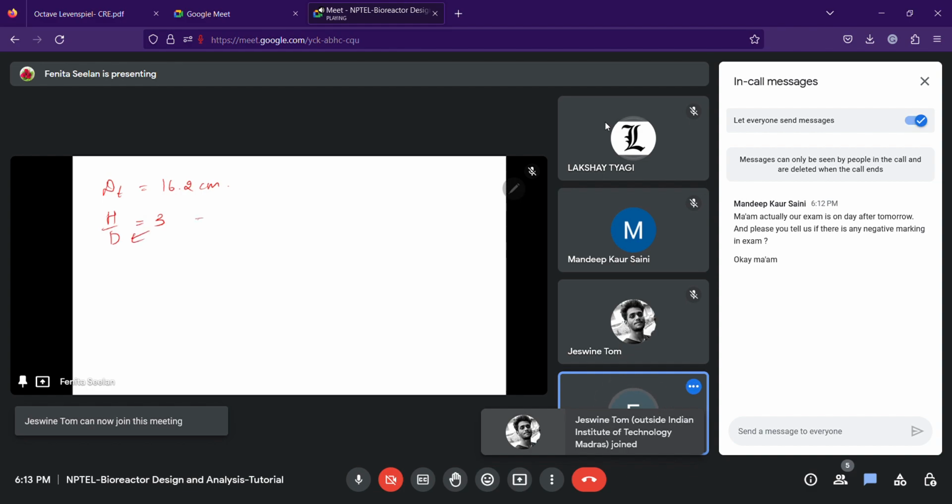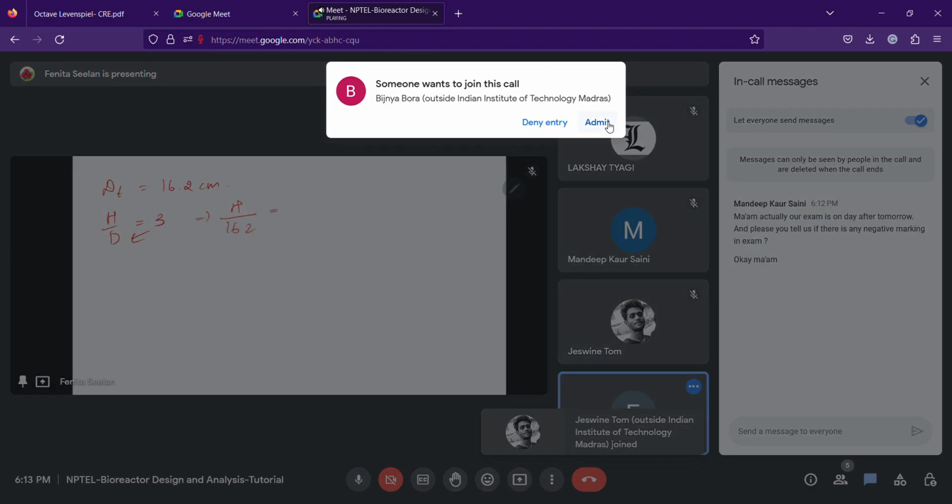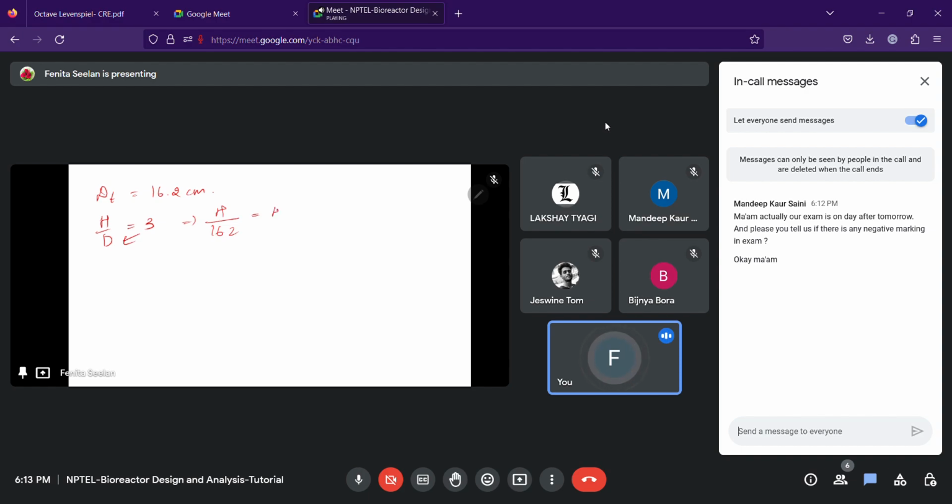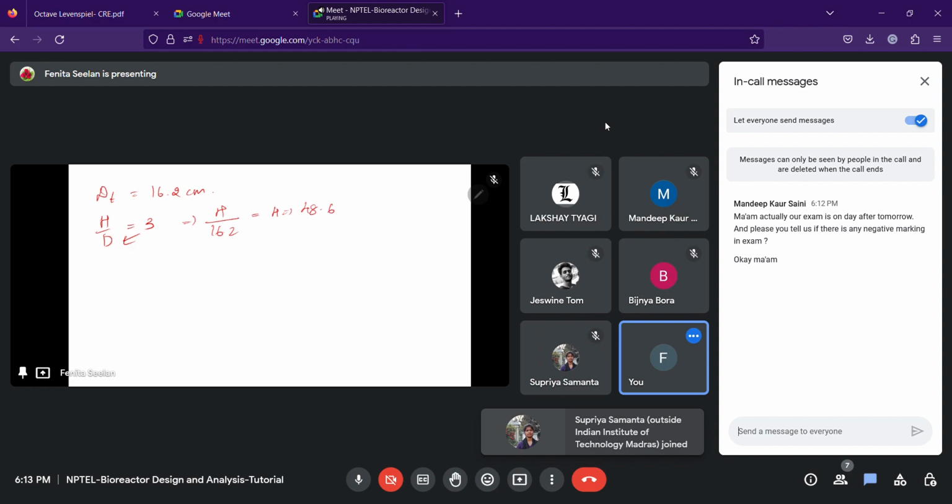So if you substitute it here, your H will be calculated as 48.6, and how do we calculate your Di? How do we calculate your Di?